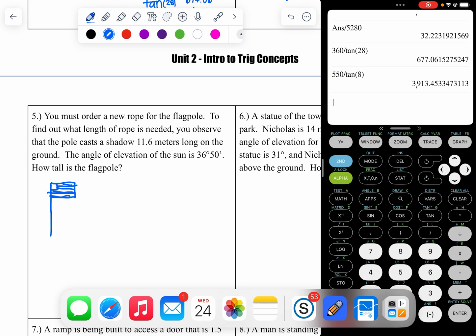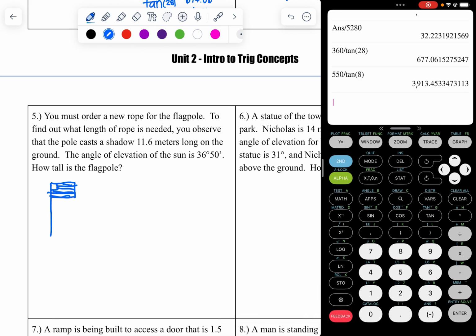It casts a shadow 11.6 meters long on the ground. And the angle of elevation of the sun, here's our sun. So our angle of elevation up to the sun is 36 degrees and 50 minutes.